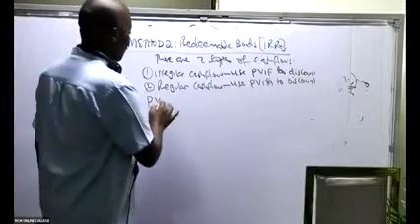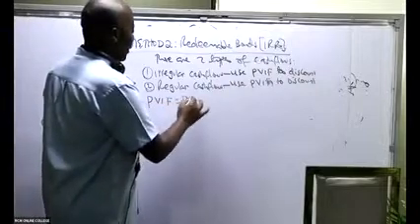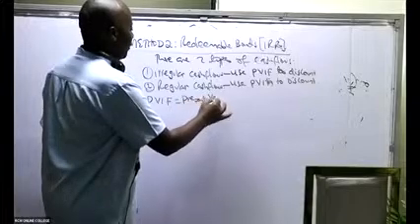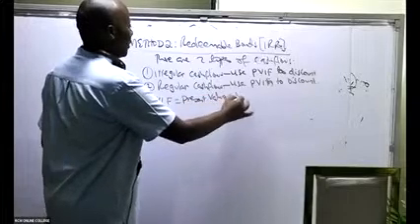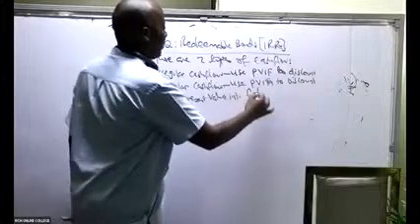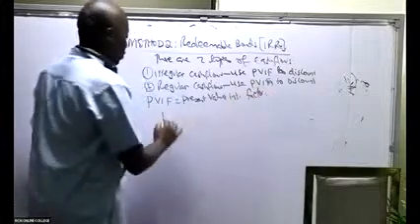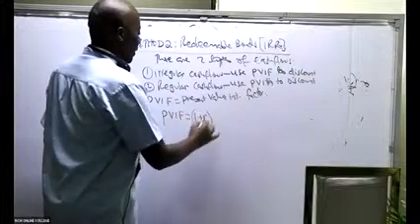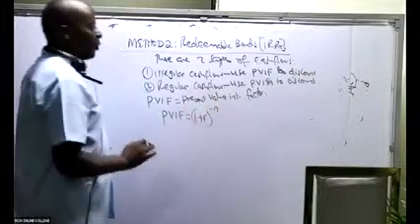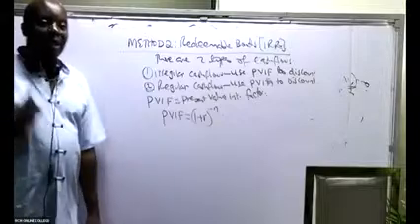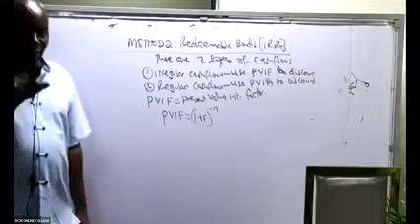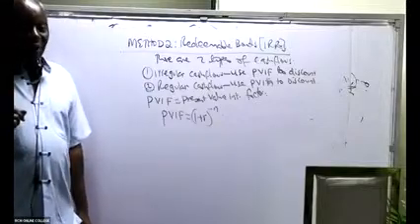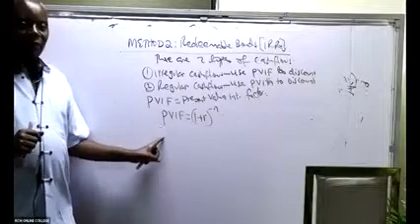PVIF stands for present value interest factor. And for us to get this PVIF, we shall be taking 1 plus R raised to negative N. It's a formula you have to cram, because nowadays your examiner doesn't give you the figures on the discounting tables, so you must cram this formula.